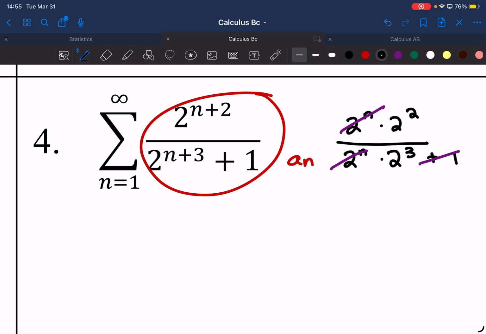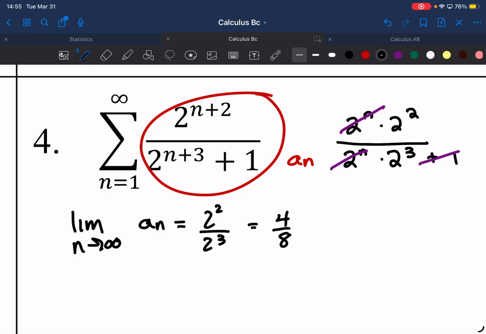So the limit as n approaches infinity of a sub n is equal to 2 squared over 2 cubed, which is 4 over 8, which is 1/2. Again, we were able to cancel out 2 to the n power because technically that's infinity over infinity.